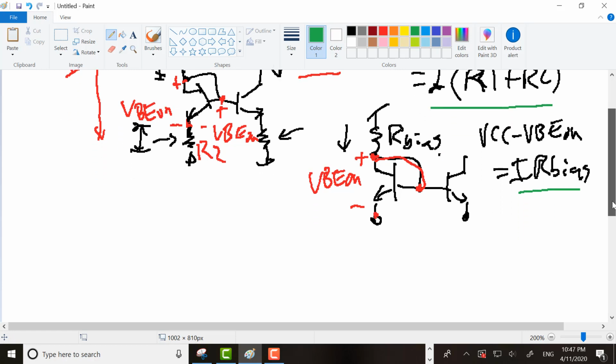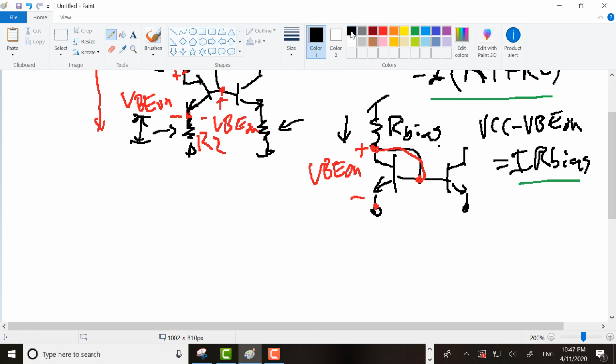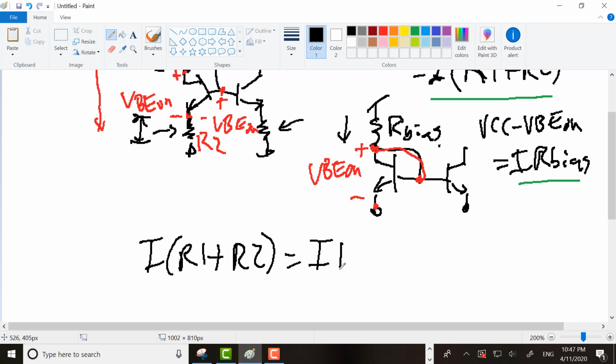So let's write this up again. You have I times (R1 plus R2) equals I times R bias. You can get rid of the I's, and now you know that R1 plus R2 equals R bias.